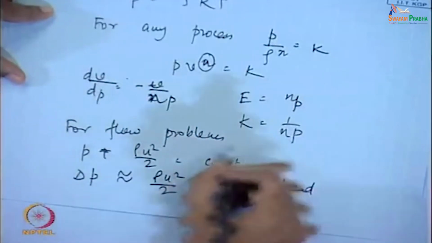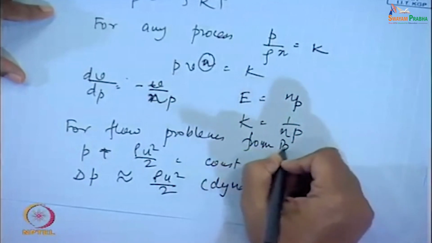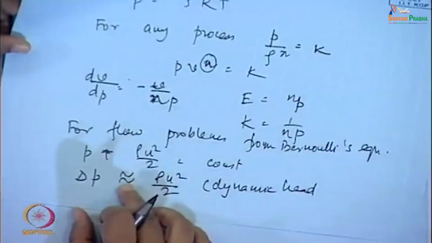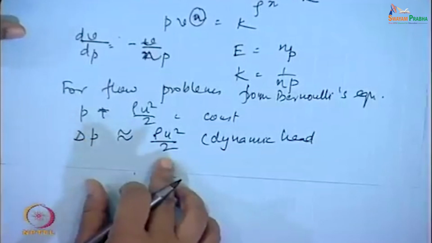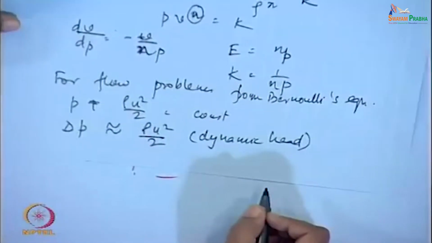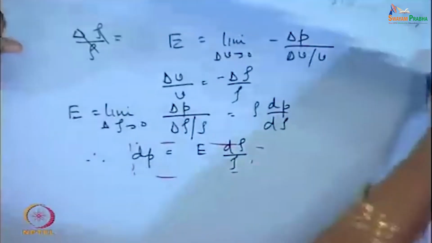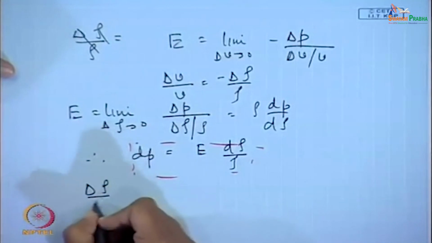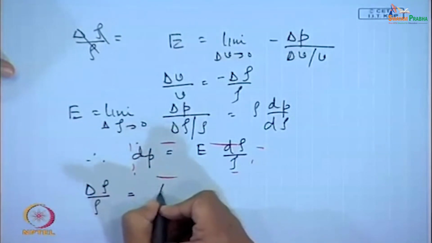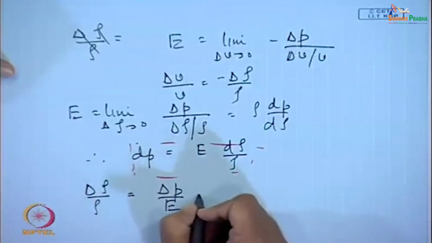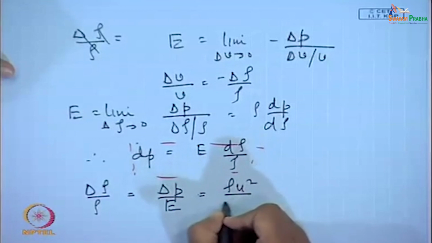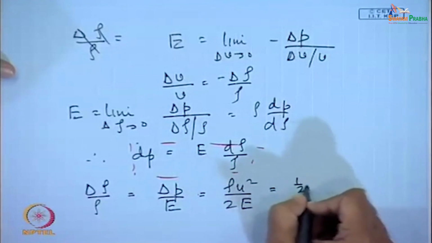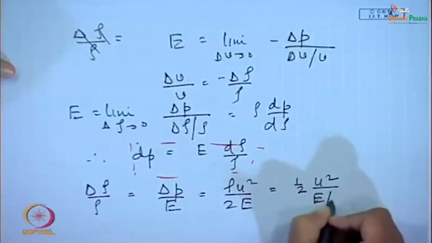We can substitute this particular dP in the expression which is obtained from Bernoulli's equation, is not it? And so, from here what do we get? We get that delta rho by rho is nothing but equal to delta P by E, this is rho u square by 2 E, or in other words, this is half u square by E by rho.